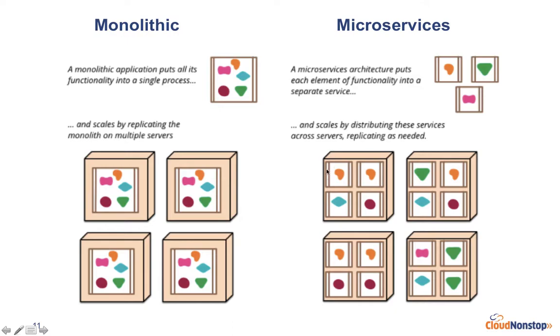The benefit is that as and when there's a need for scalability, you can scale individual microservices rather than having to scale up the entire monolith. A lot more efficient, and it makes development and deployment a lot easier, because now you can develop each one of those microservices independently, upgrade them independently, deploy them independently. So it makes it a lot easier to run the operations.